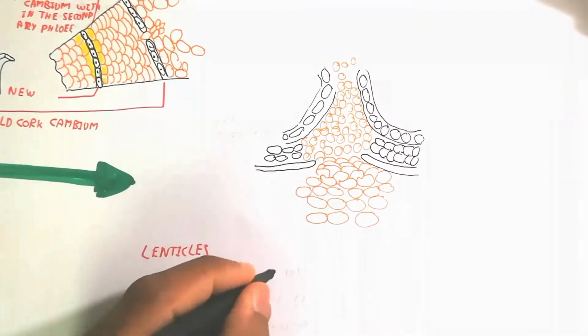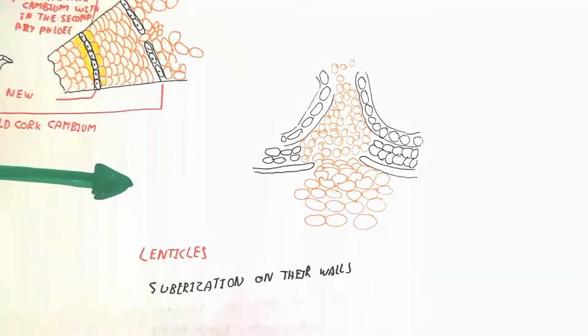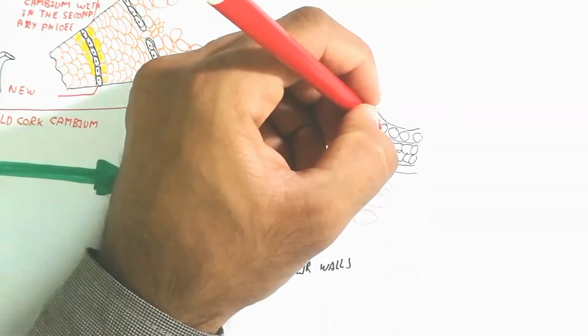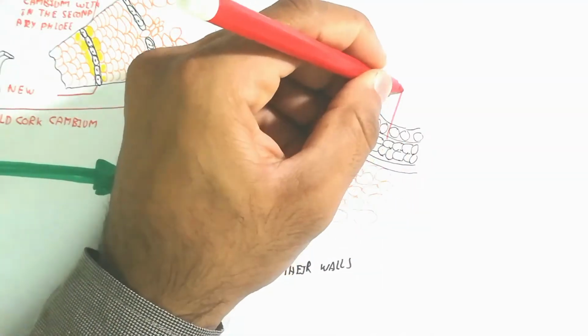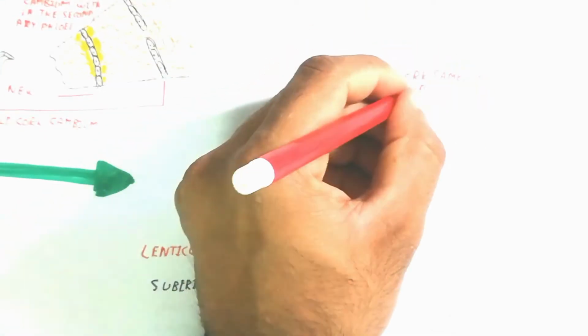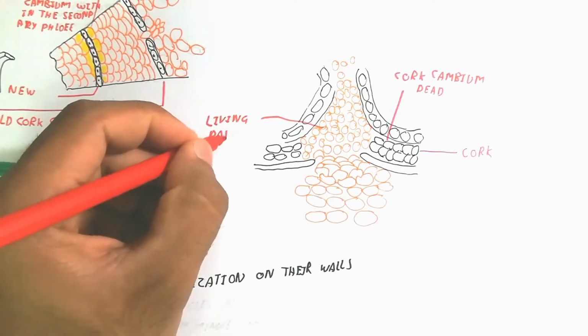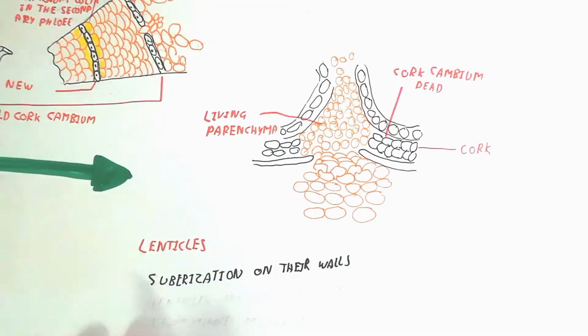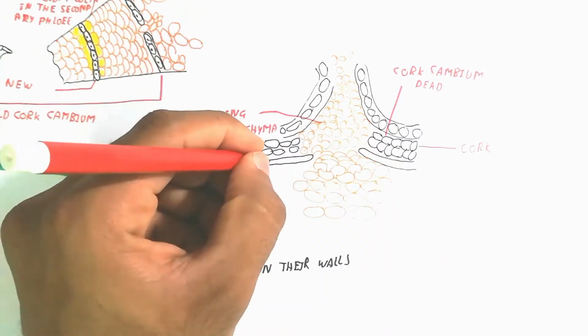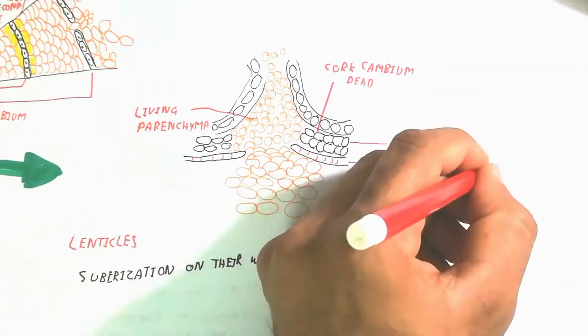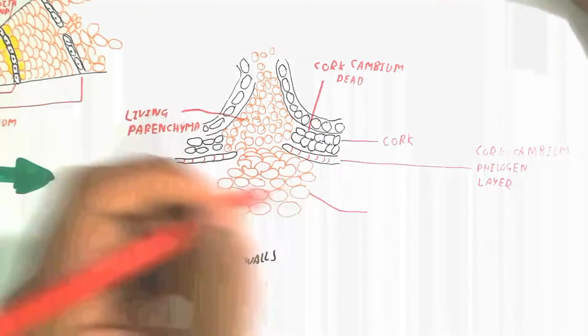Lenticels vary in size, from minutely microscopic to clearly visible spots. You can see that in the diagram, and I will show the picture of the lenticels. Here is the lenticel picture.